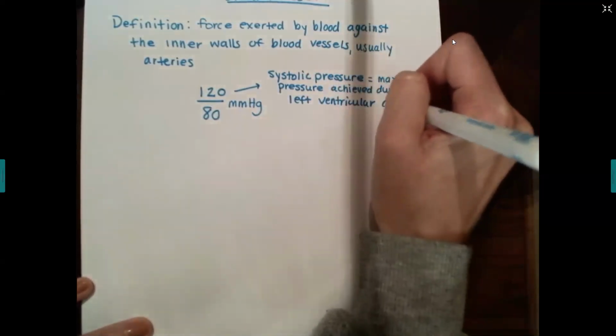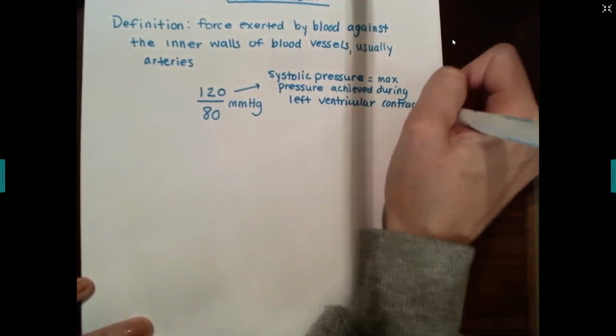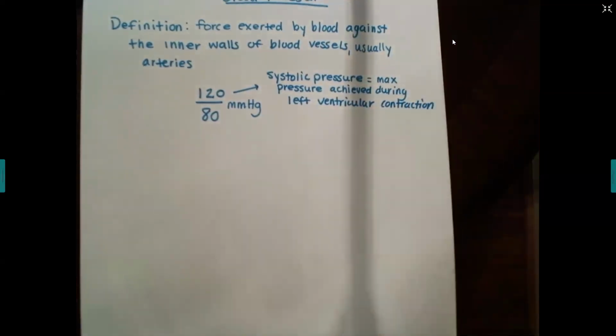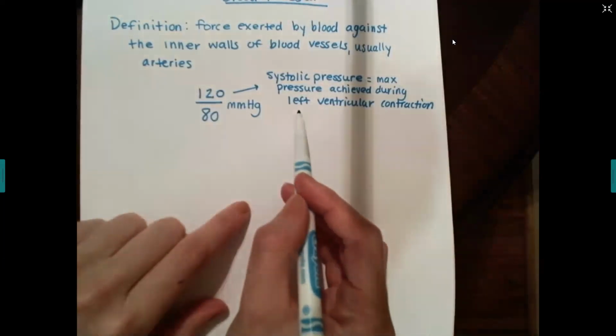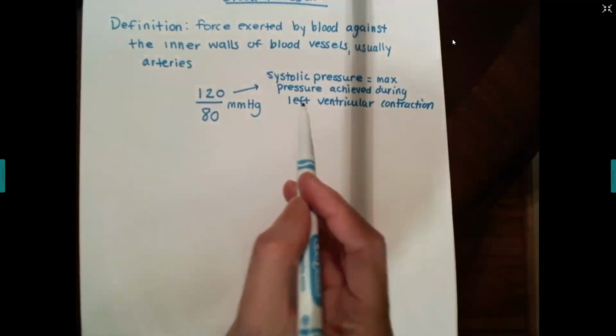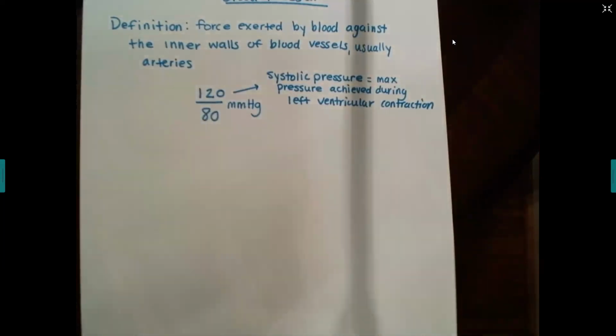Now, it doesn't mean that the right ventricle is not important. It is important. Obviously, it's got to get that blood to the lung. But the reason it is referring to the left ventricular contraction here is that's going to be your greater pressure, because the myocardium of that left ventricle is so much thicker.